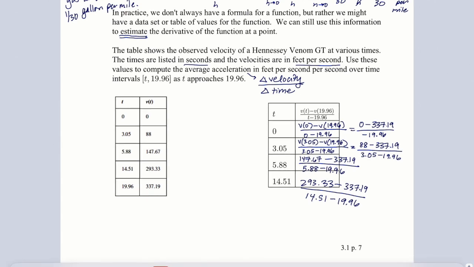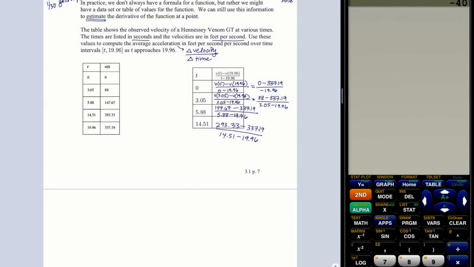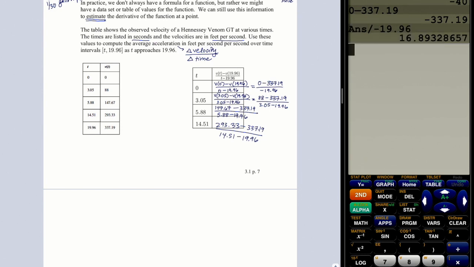So obviously we're going to need a calculator. So the first one, 0 minus 337.19 divided by negative 19.96. The first one we get about 16.89. And this would be feet per second per second.